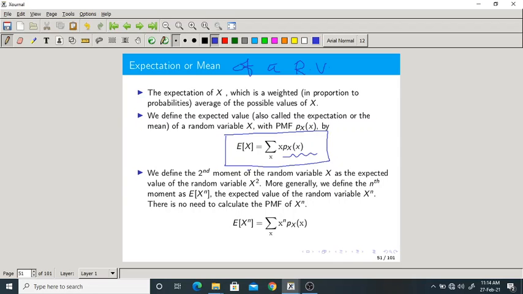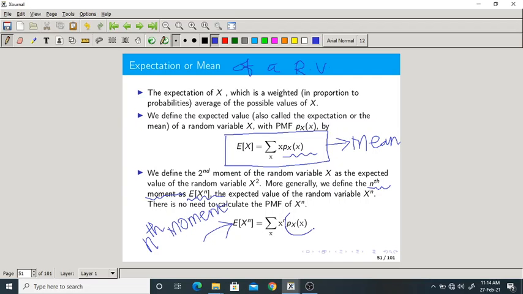Now this is called mean or expectation. Next is called nth moment, second moment as well as nth moment. How is it defined? Expectation of x power n equal to summation over x power n Px of x.